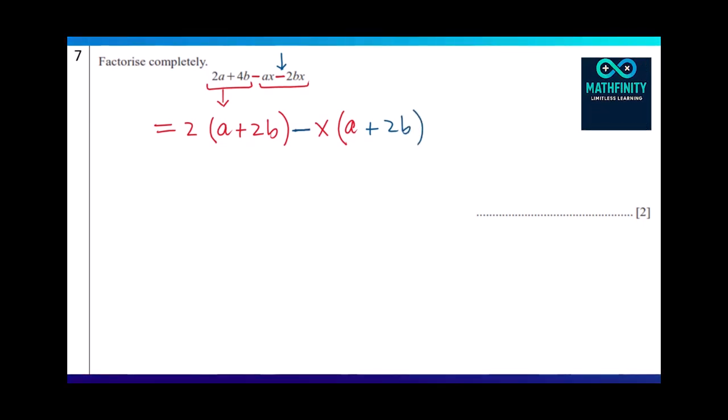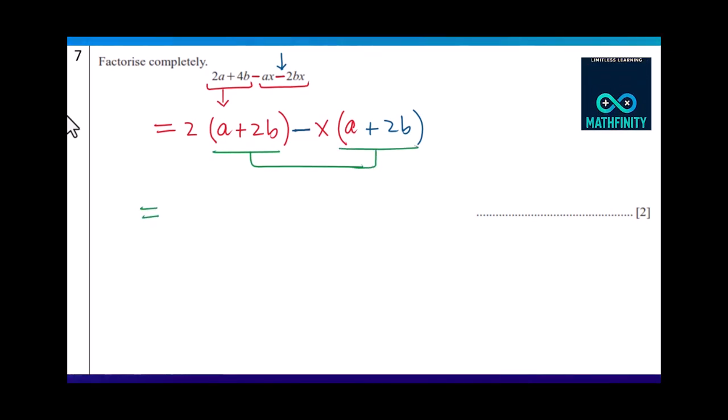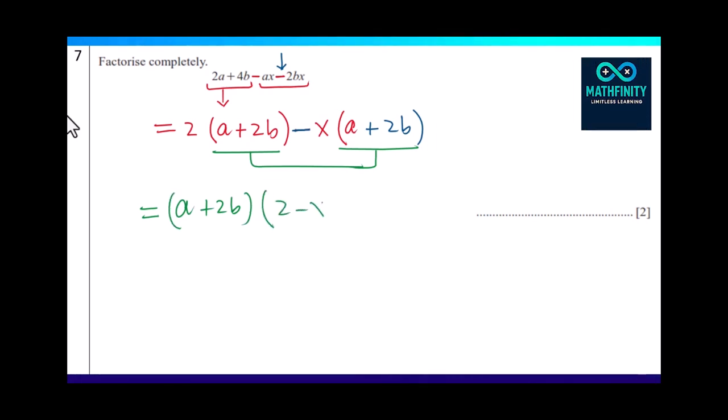After this, you must check whether these two brackets are the same or not. If these two brackets are the same, it means you did it correctly. So we will write the same bracket as common. We can take common a plus 2b, and in another bracket you have to write 2 minus x. This is the final answer.